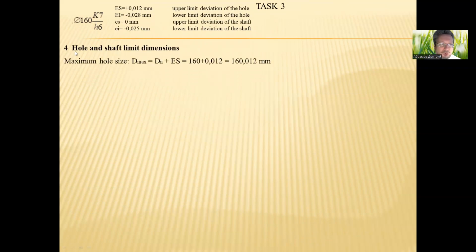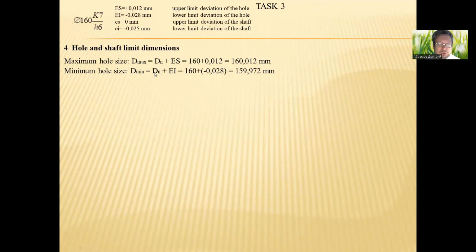For item 4, hole and shaft limit dimensions. Maximum hole size, D maximum, is equal nominal diameter plus big ES. We have 160 plus 0.012, and it's equal 160.012 millimeters.